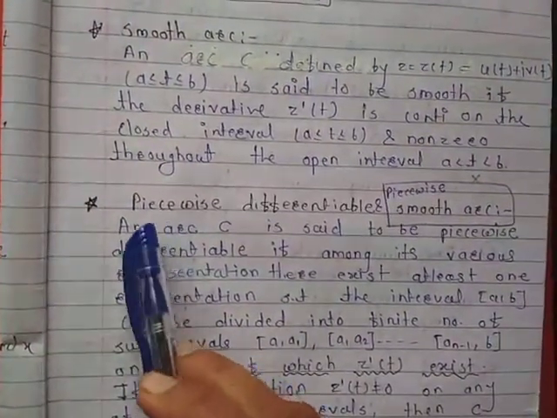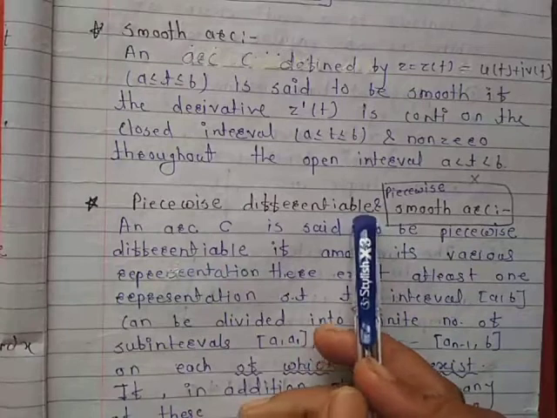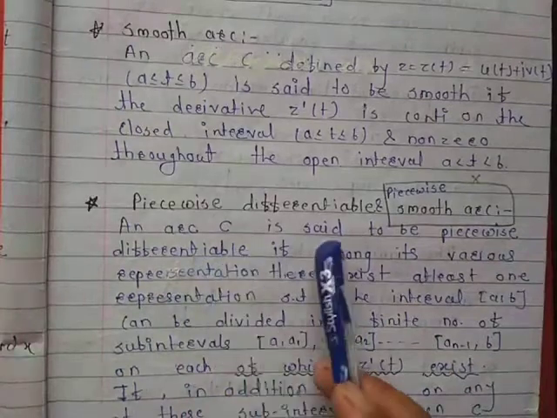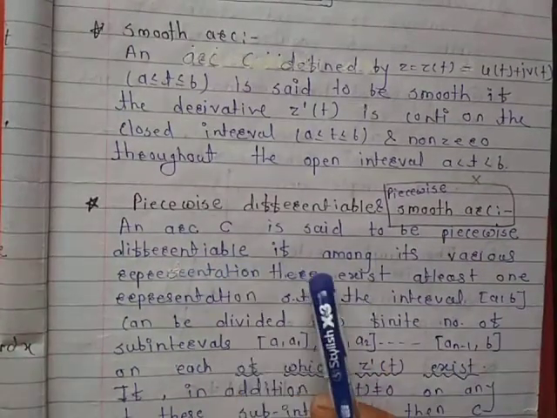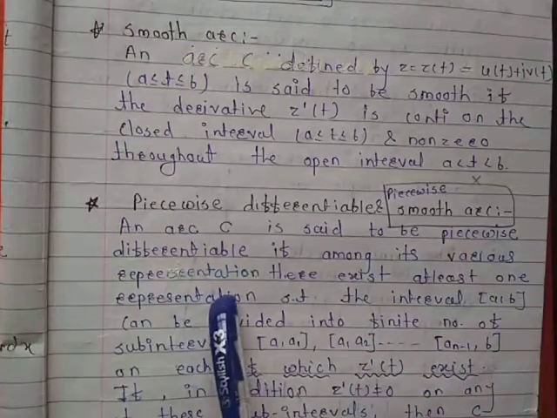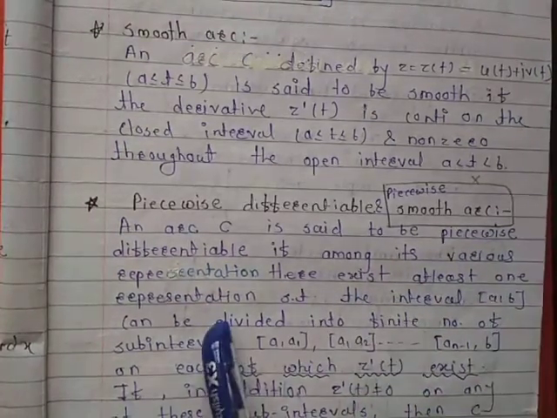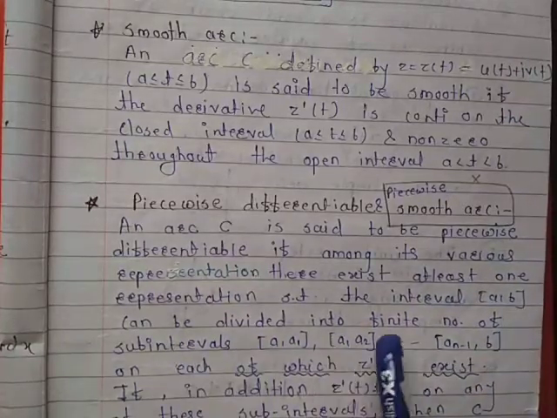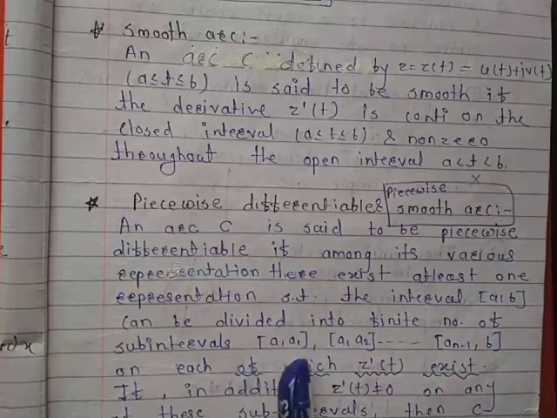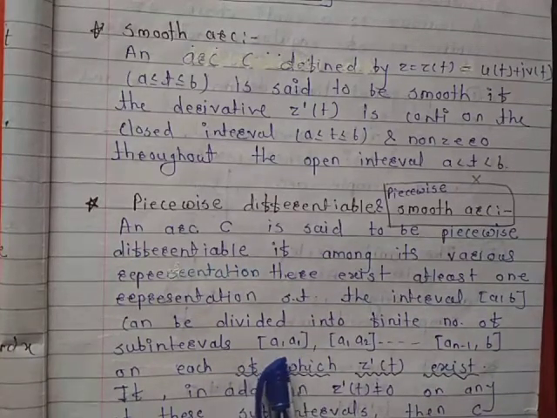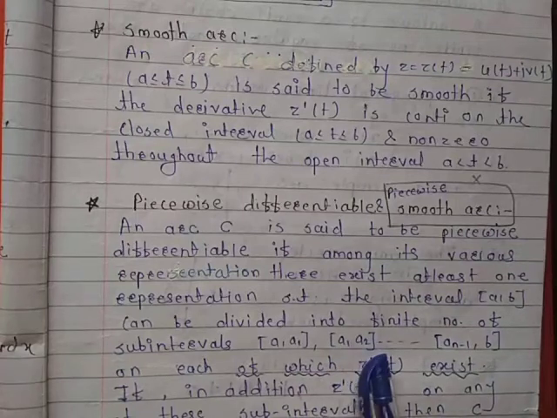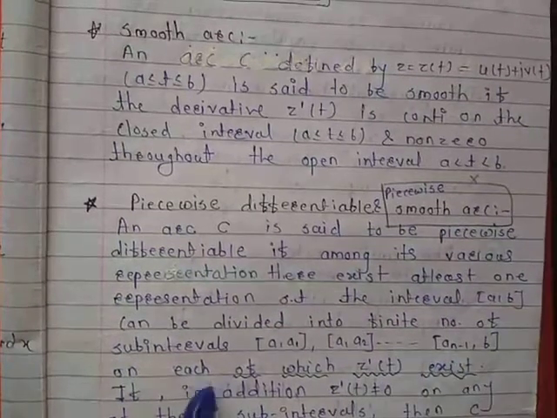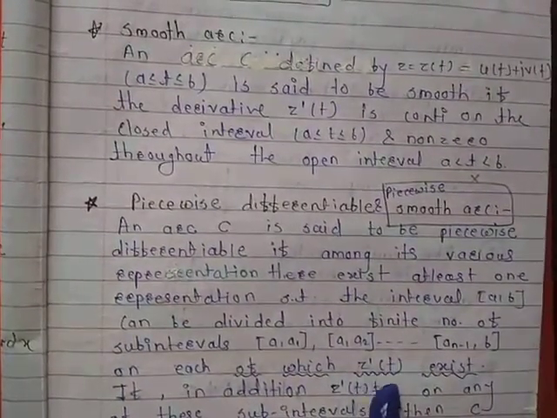Okay. Next definition is piecewise differentiable and piecewise smooth arc. An arc C is said to be piecewise differentiable if among its various representations there exists at least one representation such that the interval ab can be divided into finite number of sub-intervals, closed interval a comma a1, closed interval a1 comma a2, and so on up to closed interval an minus 1 comma b, on each of which z dash of t exists.